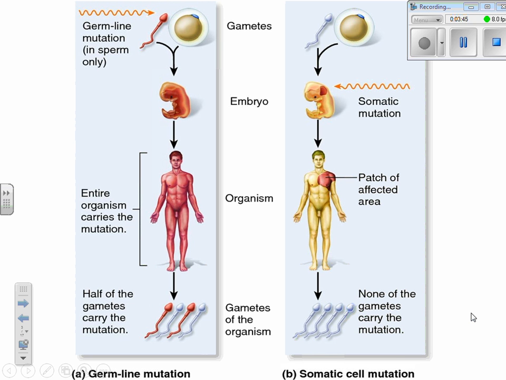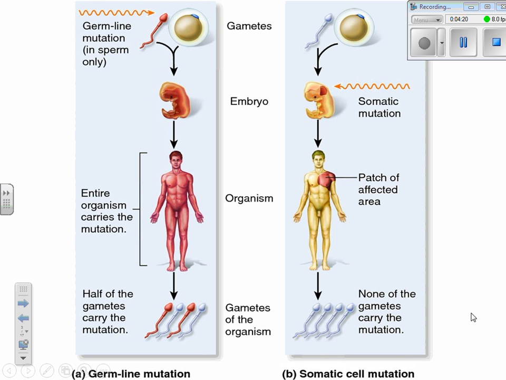So at that point, if you've got a mutation right at the beginning of life, either in a sperm cell, in an egg cell, or in the newly formed fertilized egg, what we call a zygote, then every cell from there on is going to be affected because that mutation is then copied and passed on, copied and passed on, copied and passed on. The mutation might have occurred before that, but it can occur at that stage. And so on the left, the impression is supposed to be that the mutation is in red, and so the entire organism carries that mutation.